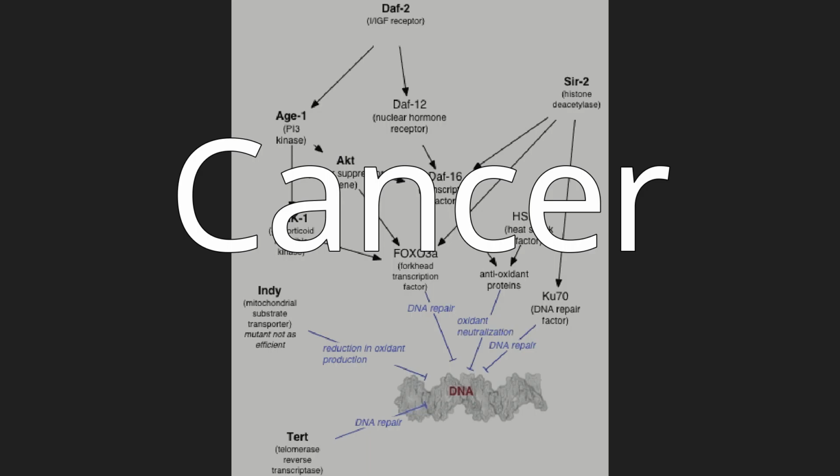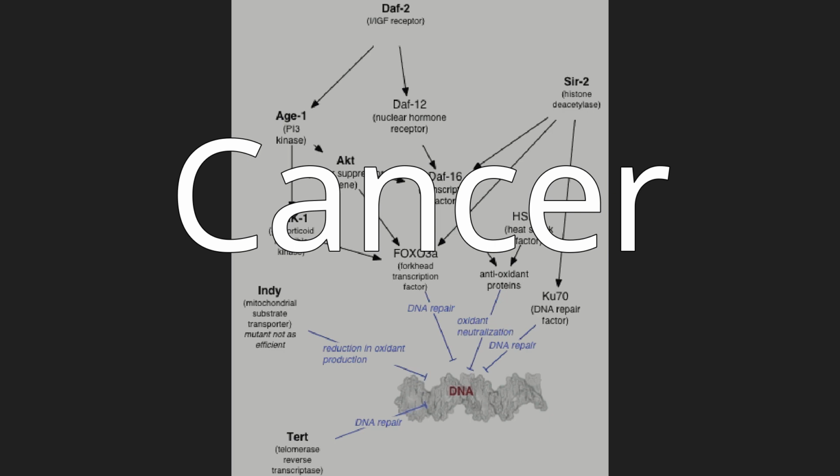Cancer. Because of inherent limitations in the DNA repair mechanisms, if humans lived long enough, they would all eventually develop cancer. There are at least 34 inherited human DNA repair gene mutations that increase cancer risk. Many of these mutations cause DNA repair to be less effective than normal.